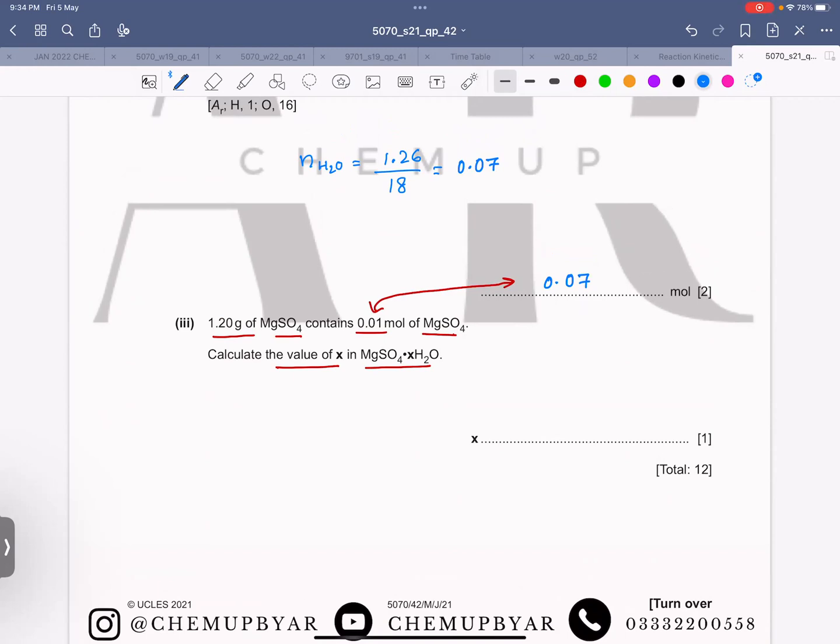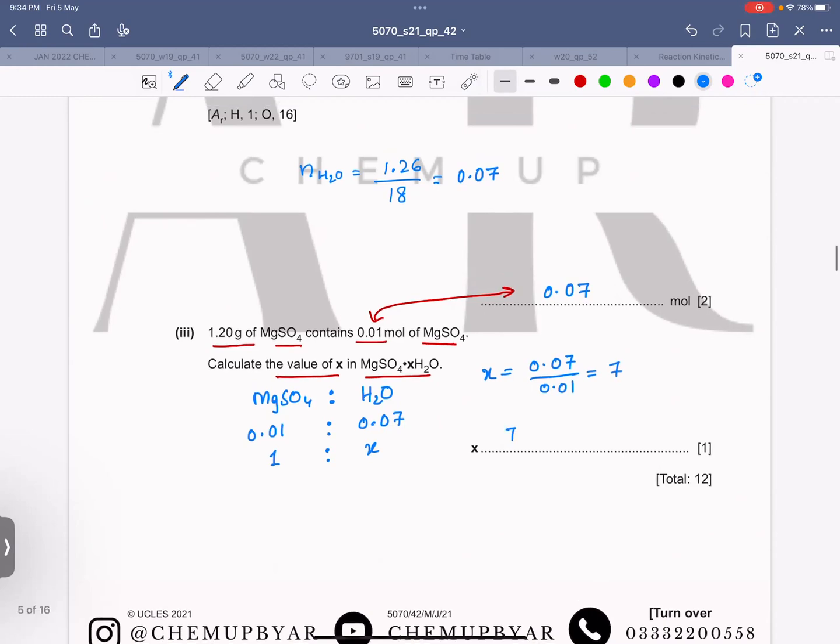When we relate it, 0.01 moles of magnesium sulfate are there, and the water lost is 0.07 moles. So if there is 1 mole, then the water must be X. So the value of X would be 0.07 divided by 0.01, which will give you 7. So the value of X would be 7.